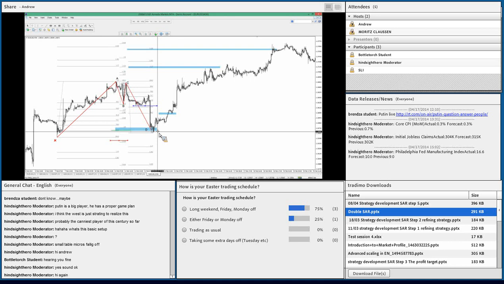And if you're targeting the extensions up here, you're looking at 150 pips for a 25 pip risk. But it doesn't get hit very often, and obviously you've got to be happy with, let's say, price gets up here to the highs, and then it fades again. If you're not trading your stop or anything like that, there's tons of ways of doing it, really.